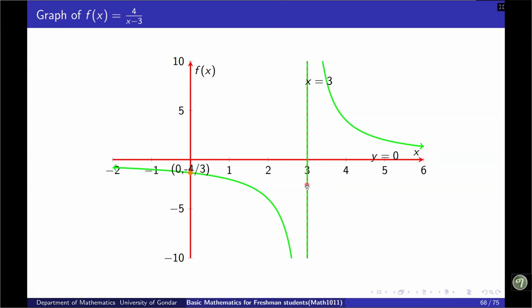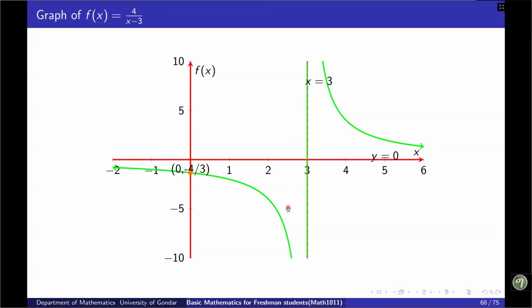Similarly, to the left side of the vertical asymptote, when x approaches 3 from the left side, the functional value f of x will tend to a very small negative number, that is, downward. And when x goes to negative infinity, the functional value will approach the given horizontal asymptote, the x-axis, from below. So the graph of the given function will look like this.